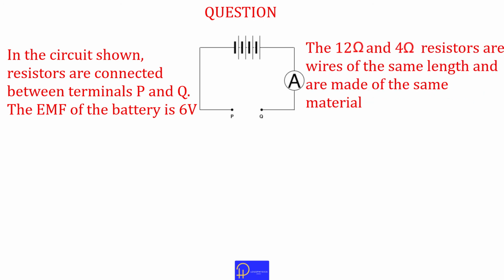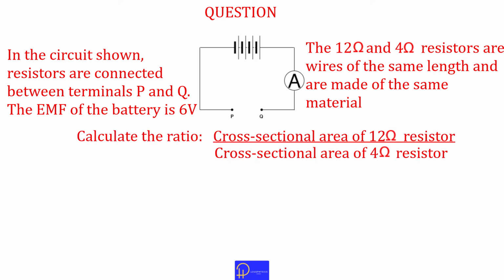The 12 ohm and 4 ohm resistors are wires of the same length and are made of the same material. We have to calculate the ratio of the cross-sectional area of the 12 ohm resistor over the cross-sectional area of the 4 ohm resistor. So what we established earlier will come in handy. If they are from the same material, their resistivities will be the same.